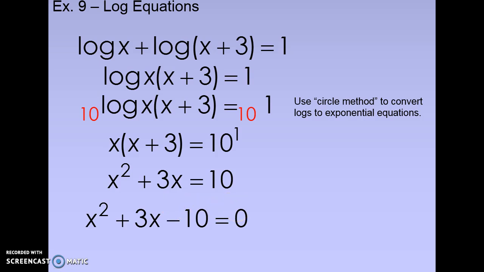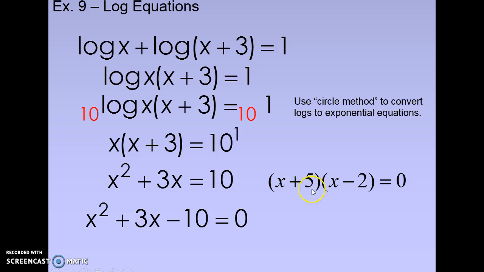Now we get to factor, because when you have a quadratic, you have to solve it by factoring. I look at my quadratic and say, negative 10 and a 3. What are the factors of negative 10 that when I add them together give me 3? Well, I know that 5 and 2, when I subtract them, gives me 3, so let's use those numbers. Now I have to add them together to give me a positive 3.